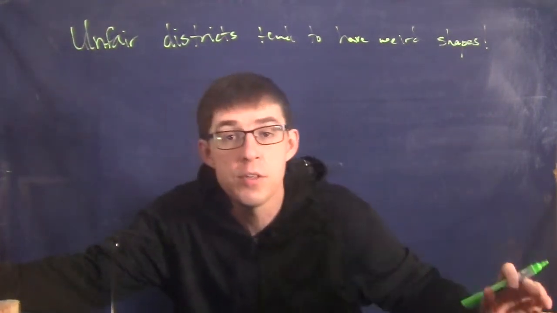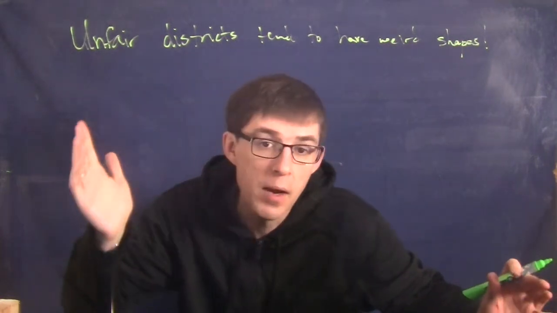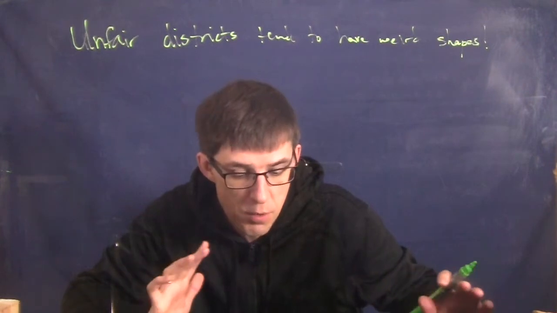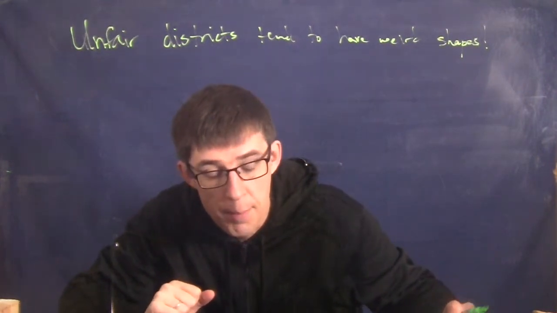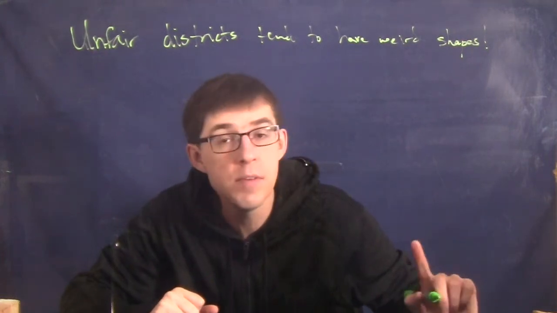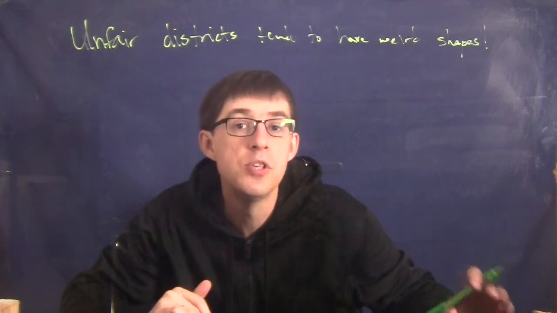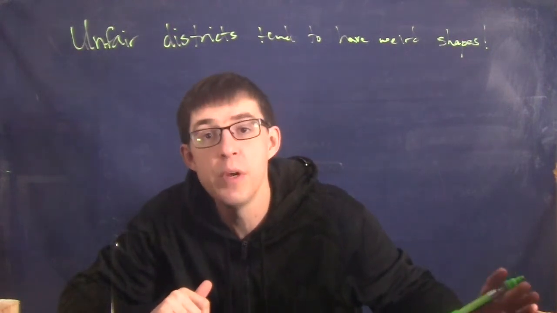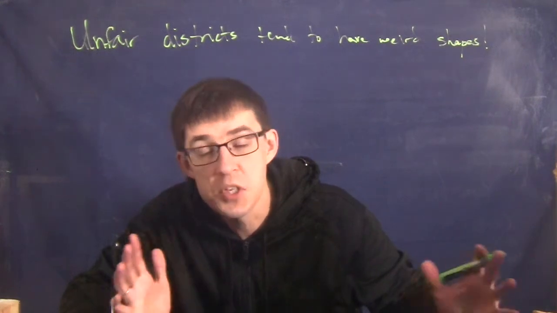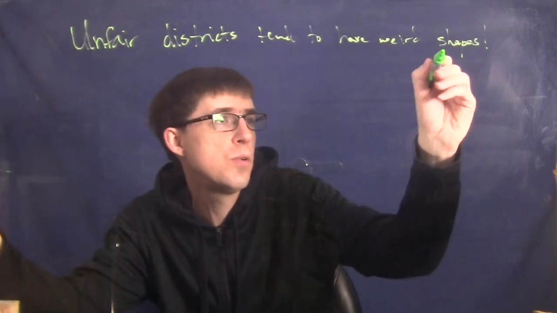So one way that you could think of measuring gerrymandering would be you don't even have to look at where the voters live, where the Democrats and Republicans live, and count all the wasted votes. Maybe you could just look purely at the shapes. Don't even think about who's voting for who in this district. Just look at the shape. If the shape is really weird, then probably something bad is going on. If the shape is normal, then probably it's fine. So we are just going to look at the shape.